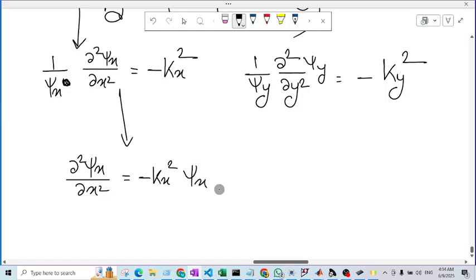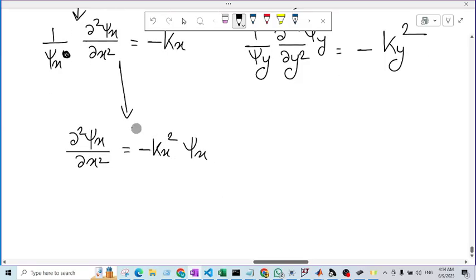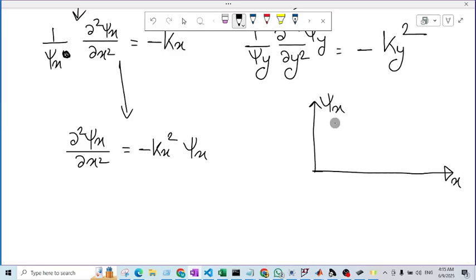Okay, so now this equation is only dependent on x position. So let's solve this equation. So this is x and this is psi x, which is only a function of x. So if I take only from 0 to Lx, what was Lx? Lx was the length of that square across this x direction.